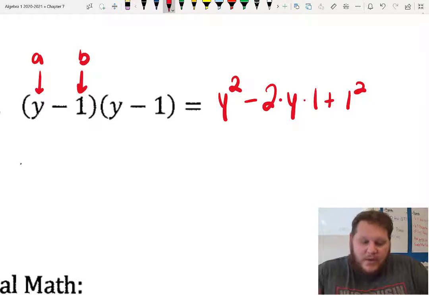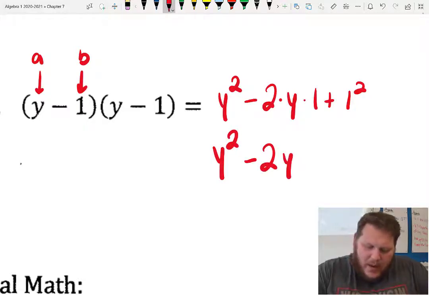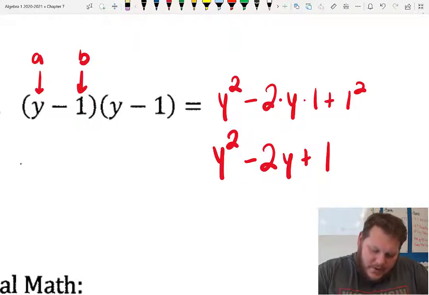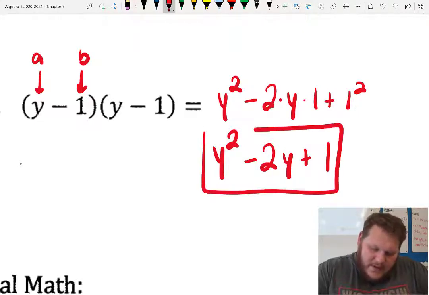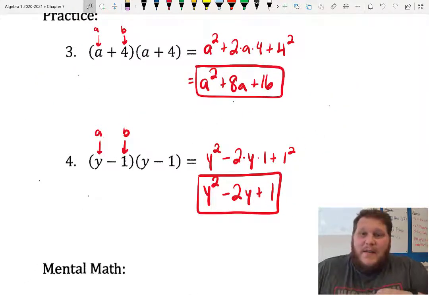So now all we have to do is simplify this middle term. So y squared minus 2 times 1 is still 2, y plus my 1 squared is 1. There we go.